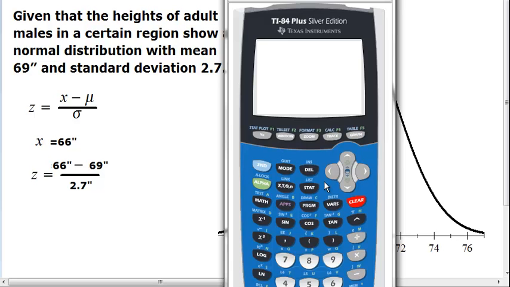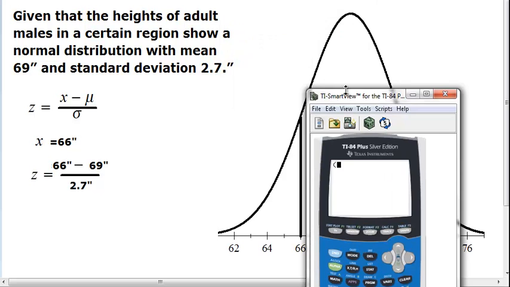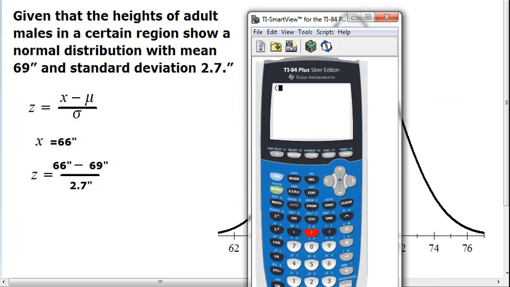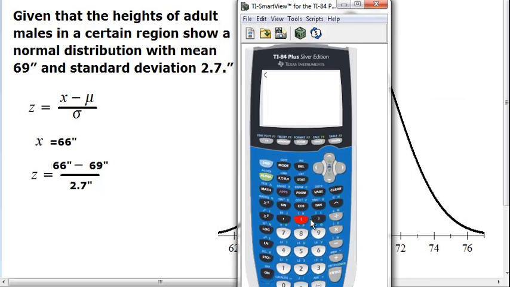Oh, sure. Okay. So you all know where 66 came from. It was just a question that we were curious about, right? So what happens is if you did this, let me make this calculator a little smaller here. Okay. All right. So we have 66 minus 69, right?